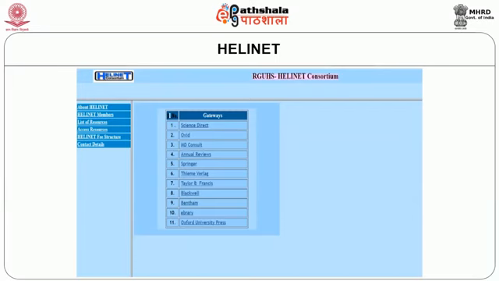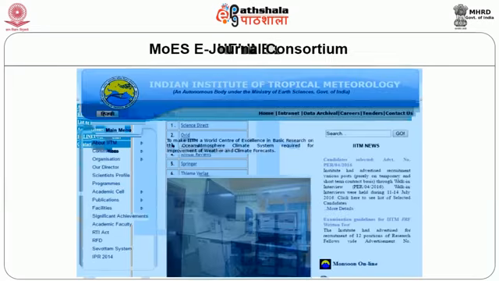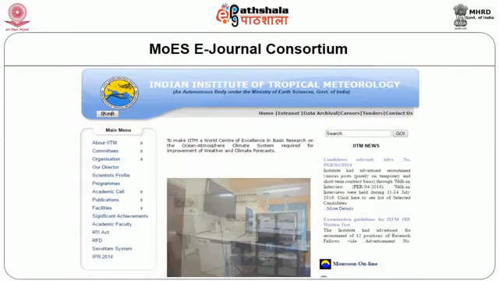DELCON, DBT e-Library Consortium, also known as DELCON, is funded by Department of Biotechnology, established in 2009. The consortium provides access to more than 682 e-journals and bibliographic database to 33 member institutions, which includes 14 DBT.